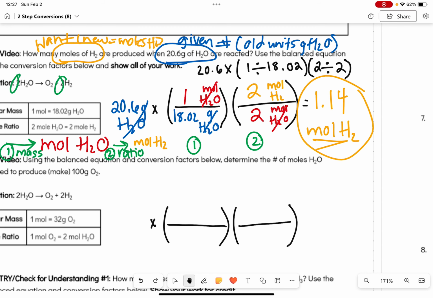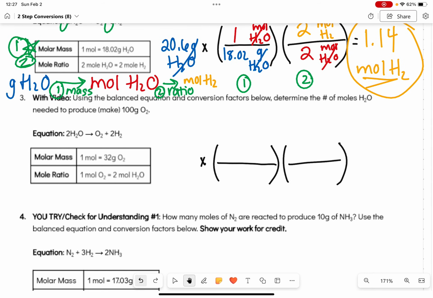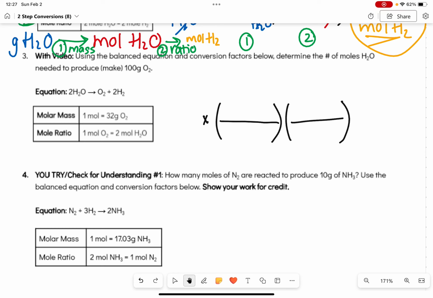So we're going to do this one more time before you try doing a question yourself. Using the balanced equation and conversion factors below, we need to determine the number of moles of H2O. So that's what I want, needed to make 100 grams of O2.